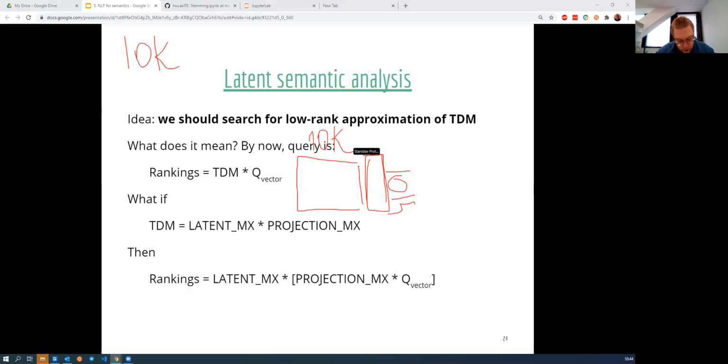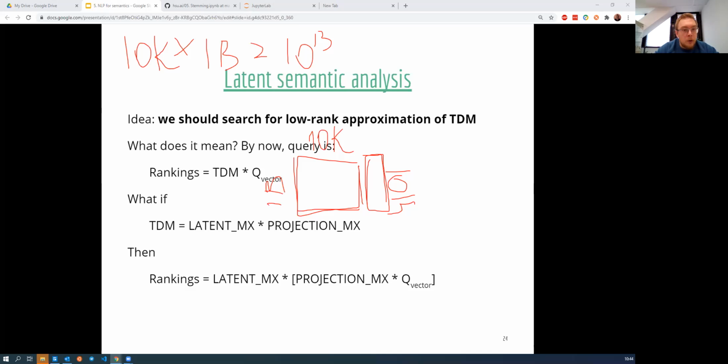The words are here, and here are the documents in this dimension. Let's say there are 1 billion documents. The overall size of the term document matrix is 10K by 1 billion, which is 10 to the power of 13. A pretty big matrix to store.